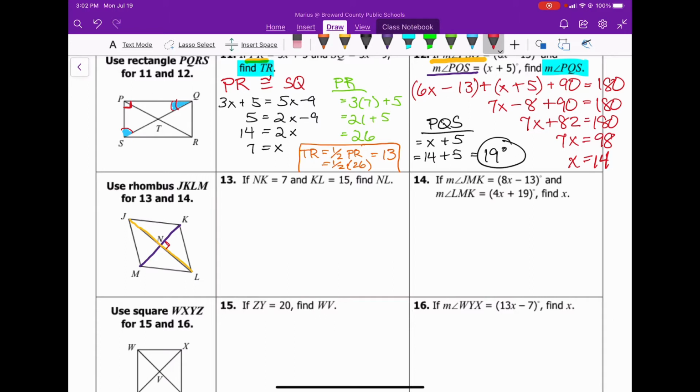So that means that all of these angles are right angles. And if you notice, you basically have a right triangle as well for all of these. Okay? There's a right triangle created.